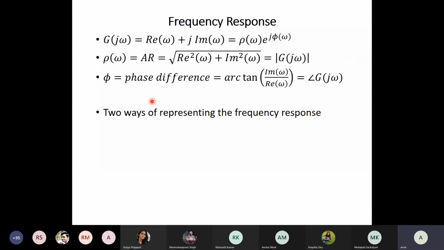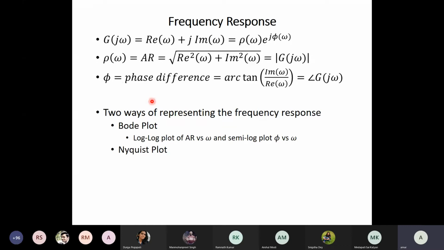We can represent this frequency response in two ways. One is the Bode plot. The Bode plot is the log-log plot of the amplitude ratio versus omega, and the semi-log plot of phi, the phase difference, versus omega.